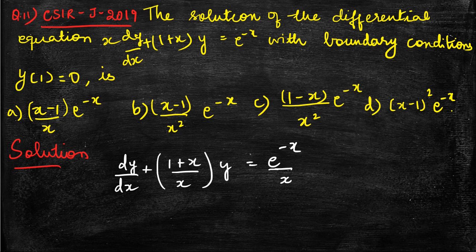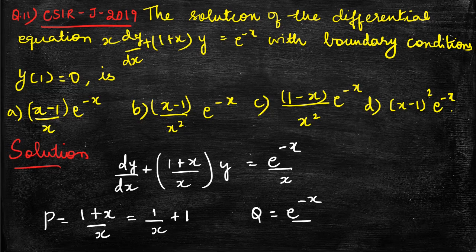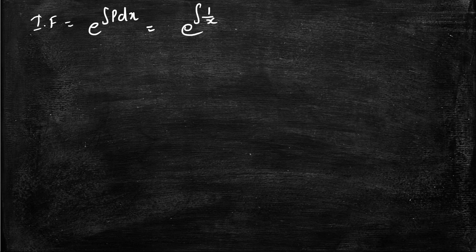Okay. So now p will be 1 plus x by x, or it can be written as 1 by x plus 1. And then q will be e power minus x by x. Now we'll have to find the integrating factor, which is e power integral p dx, which is e power integral of 1 by x plus 1 dx.